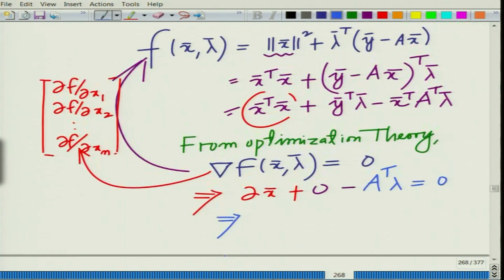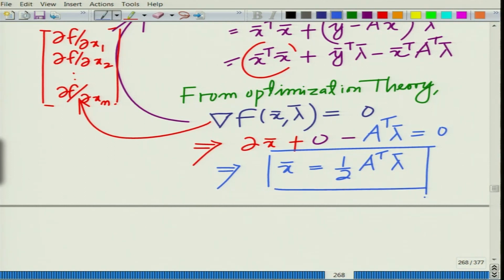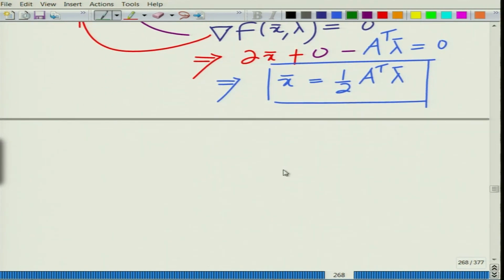Which essentially implies that x bar equal to half A transpose lambda bar. This is the property of the optimal solution, the least norm solution, and you can see a very interesting property. The optimal x bar lies in the column space of A transpose, right. The optimal x bar equal to half A transpose lambda bar. This shows that the optimal x bar has to lie in the column space of A transpose.